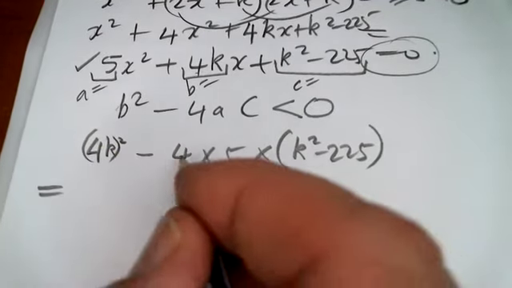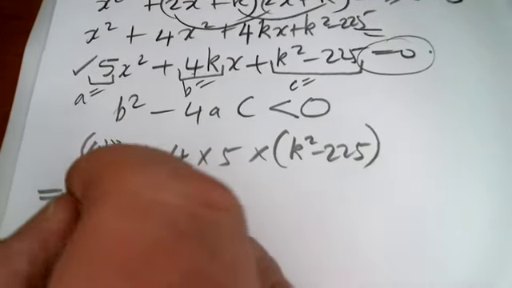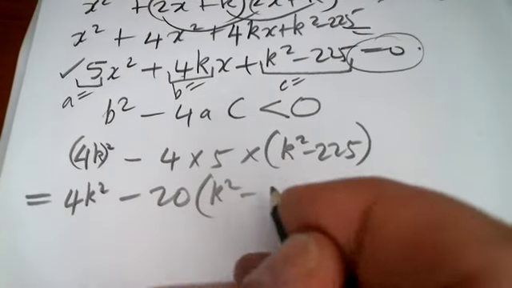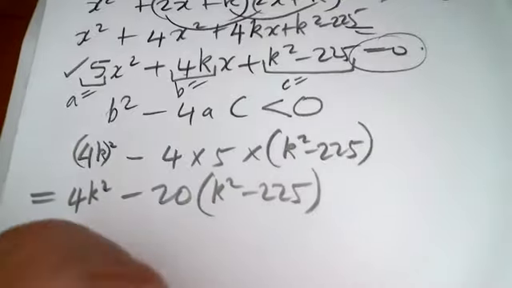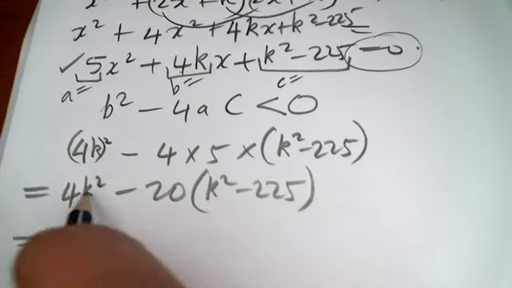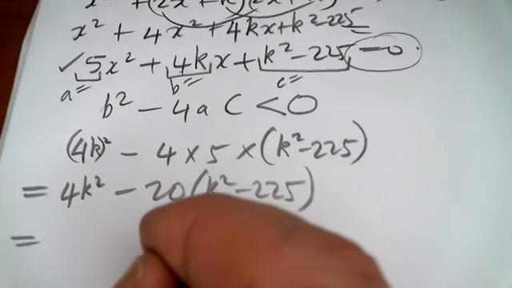So what have we got here? Let's multiply all this out. It's going to be 4k squared minus 20 brackets k squared minus 225, and I'm going to expand this out.